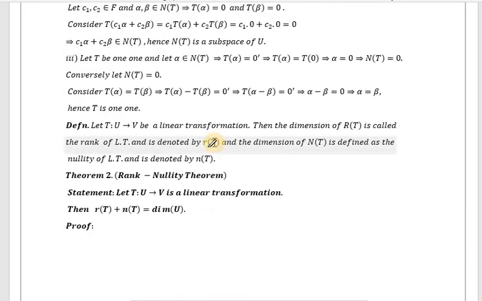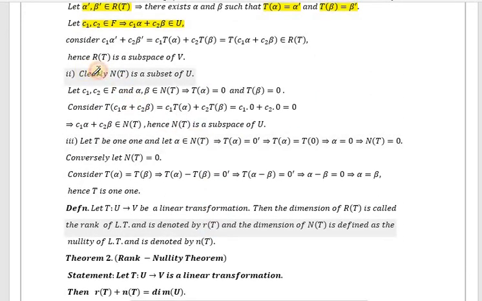So clearly N of T is a subset of U and let C1, C2 belong to F and alpha, beta belong to N of T, which implies that alpha, beta are elements of N of T, then their images are zeros. Now consider T of C1 alpha plus C2 beta, which is equal to, T will be taken inside, C1 T of alpha plus C2 T of beta.